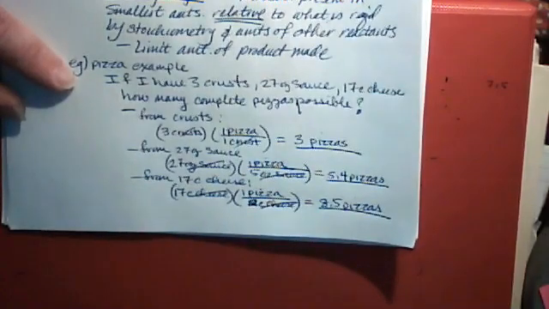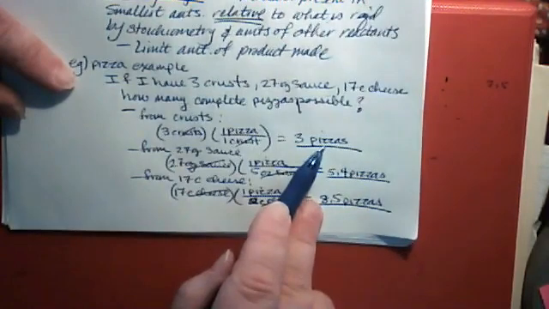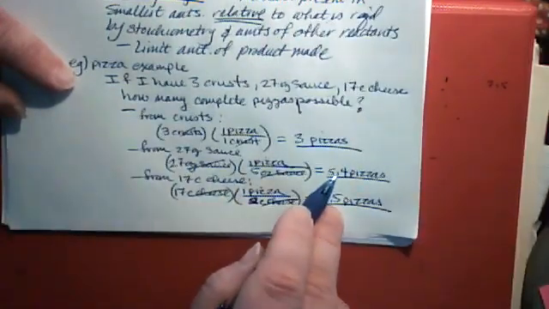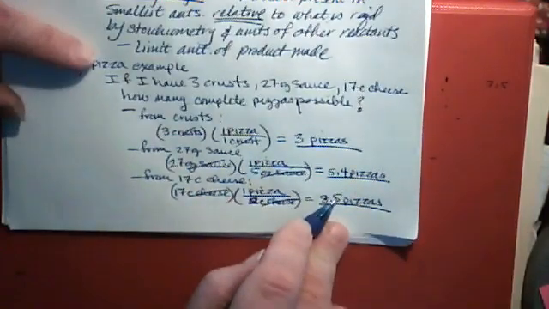So what we find from this series of calculations is we have enough crusts for 3 pizzas, enough sauce for 5.4 pizzas, and enough cheese for 8.5 pizzas.